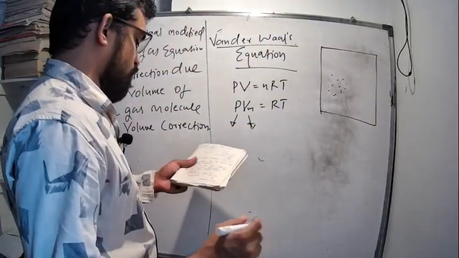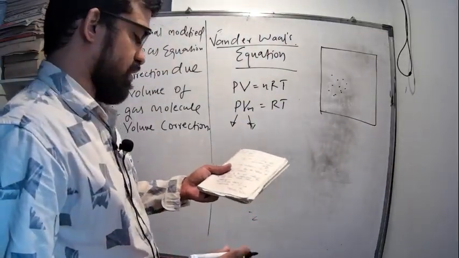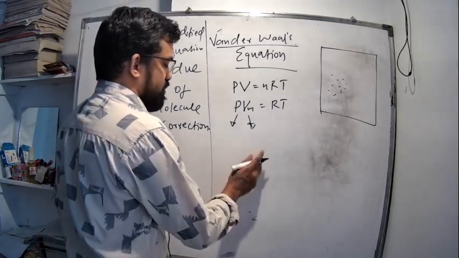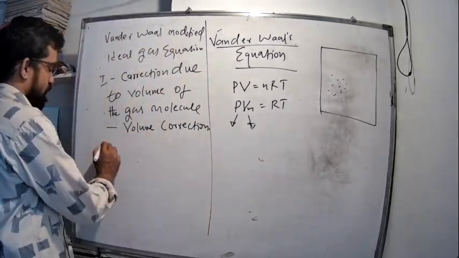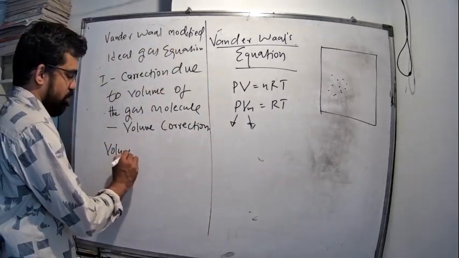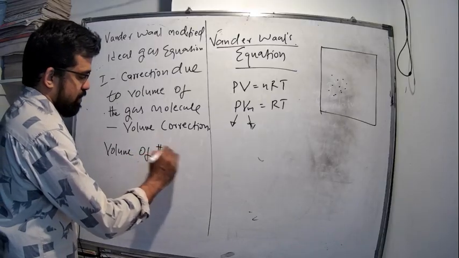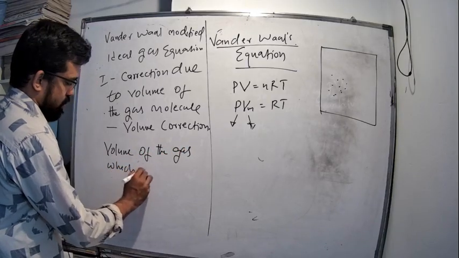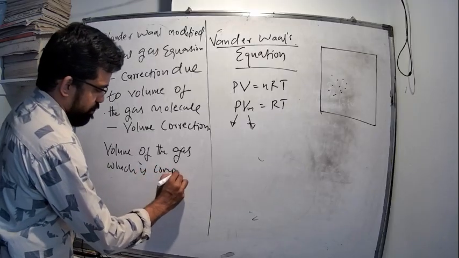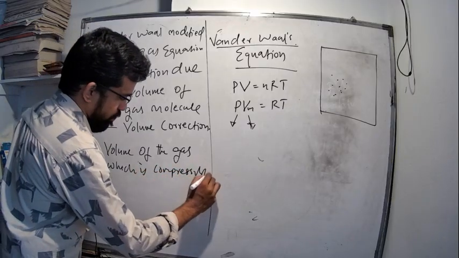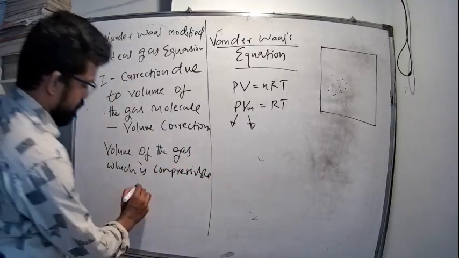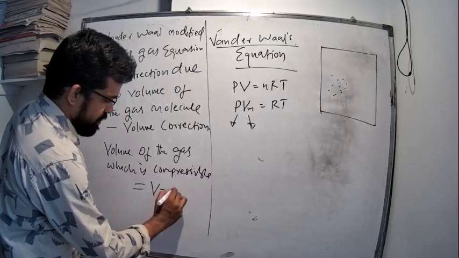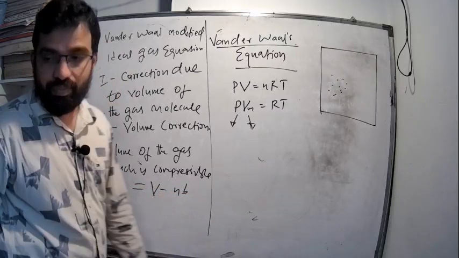The volume of the gas which is compressible is equal to V minus nb.